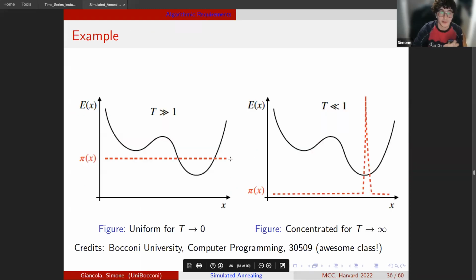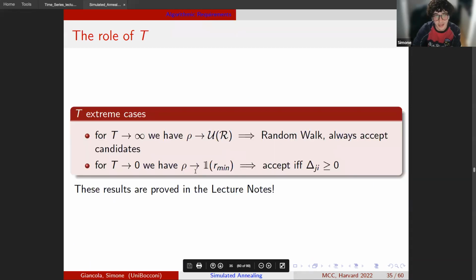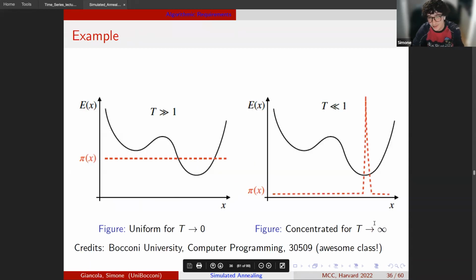This is a graphical explanation of the situation we are in. For T tending to, okay, so sorry, I have swapped these. Okay, so for T tending to infinity, the distribution is uniform. For T tending to 0, the distribution concentrates on the minimum distance configuration.